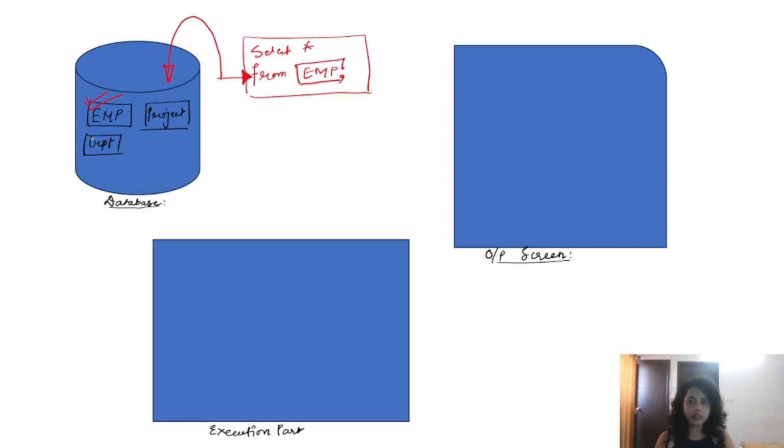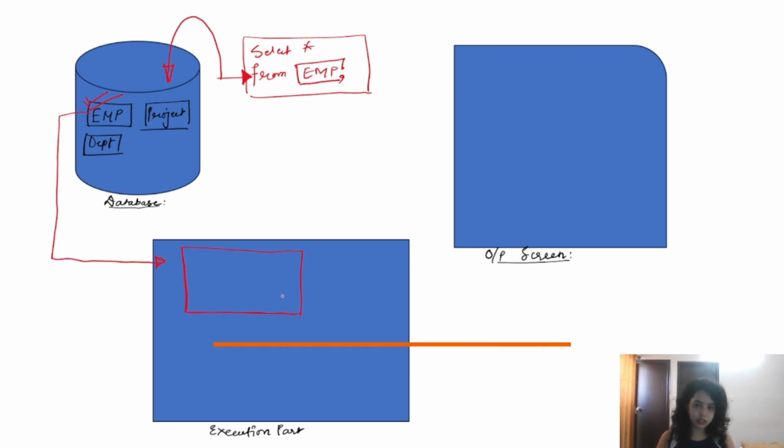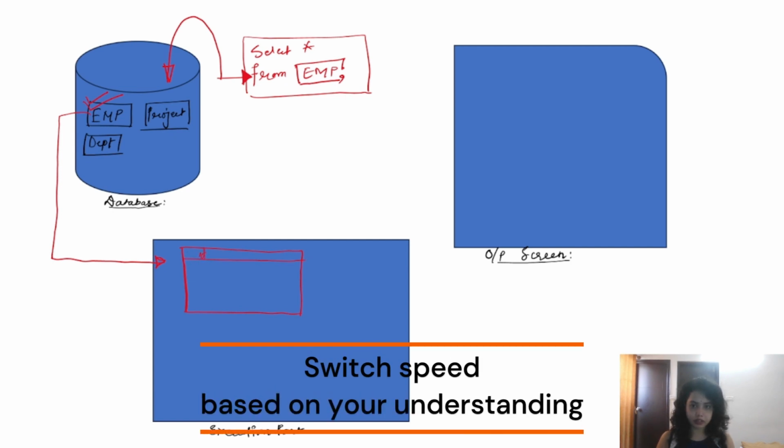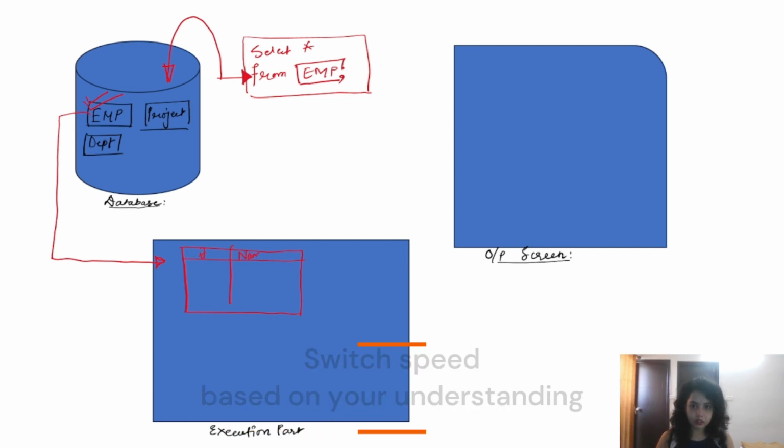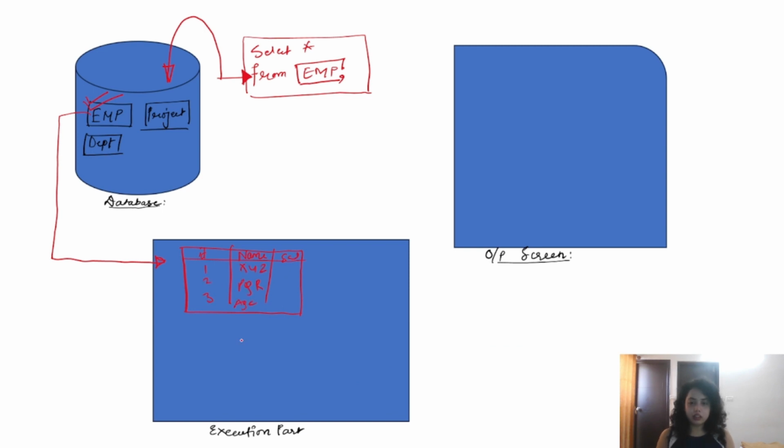As soon as we find that the EMP table is present in the database, it will bring it to the execution part.